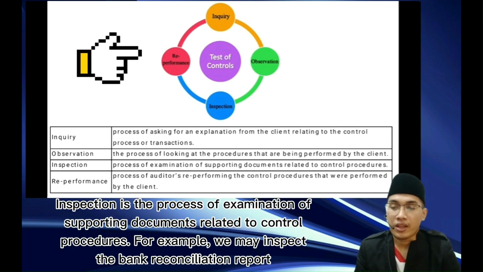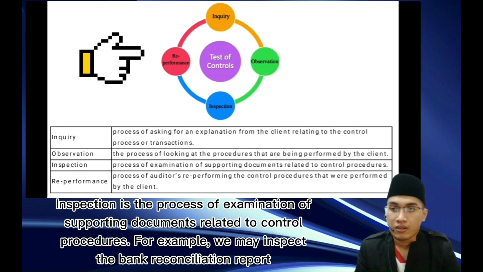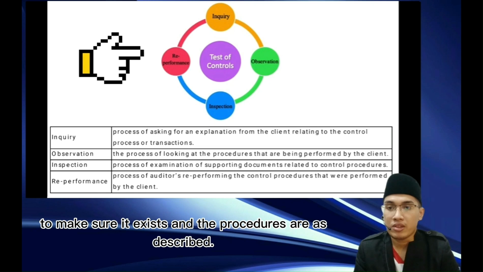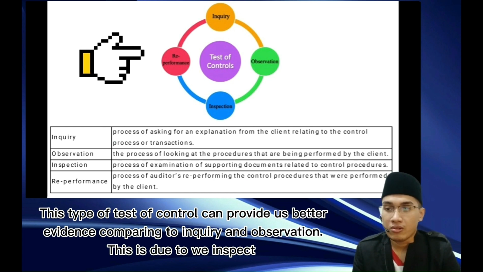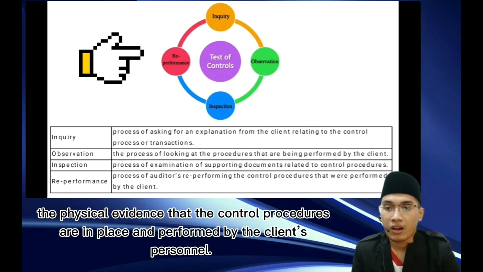Inspection is the process of examination of supporting documents related to control procedures. For example, we may inspect the bank reconciliation report to make sure it exists and the procedures are as described. This type of test of control can provide us better evidence compared to inquiry and observation. This is because we inspect the physical evidence that the control procedures are in place and performed by the client's personnel.